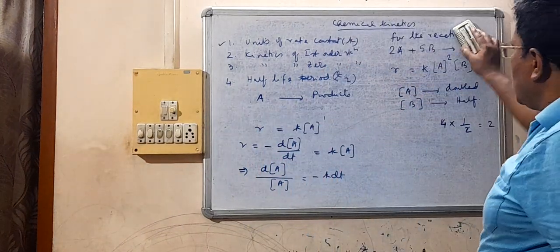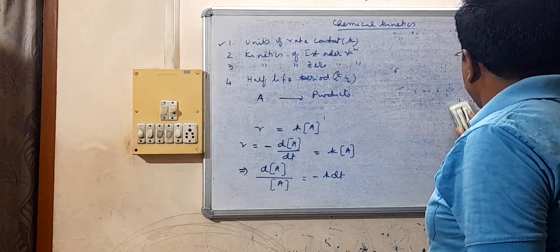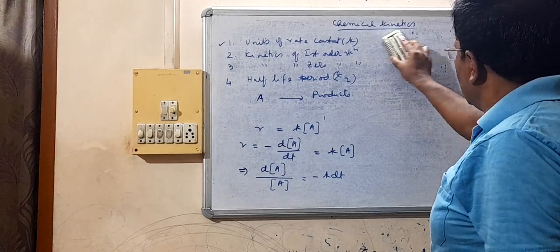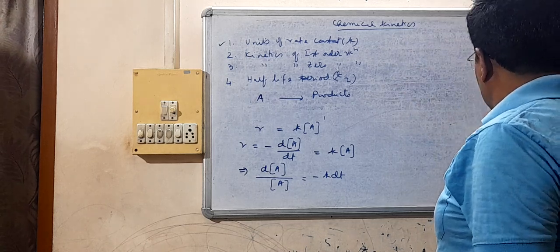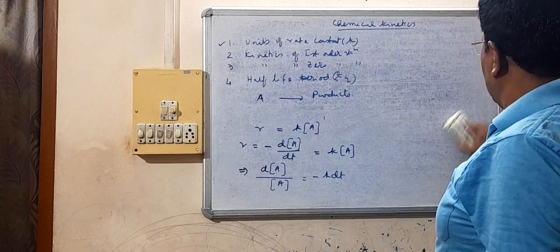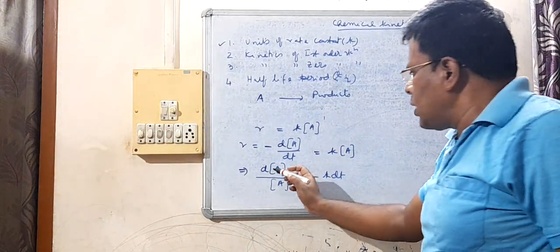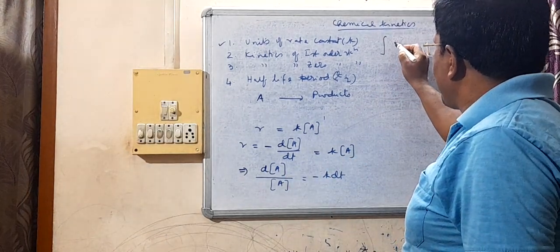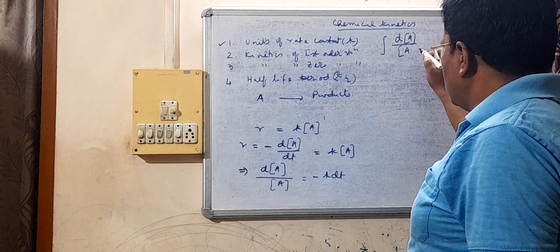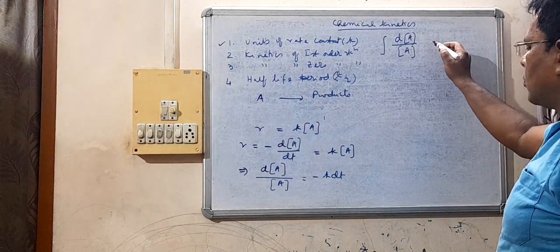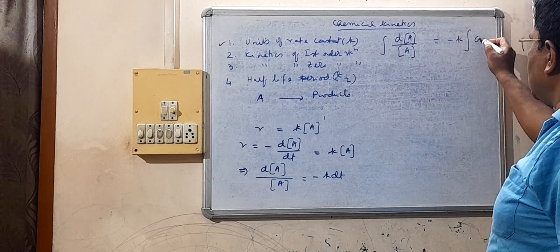Now we will be doing integration on both sides. On integrating both sides, we get the integral of dA by A is equal to minus k dt.